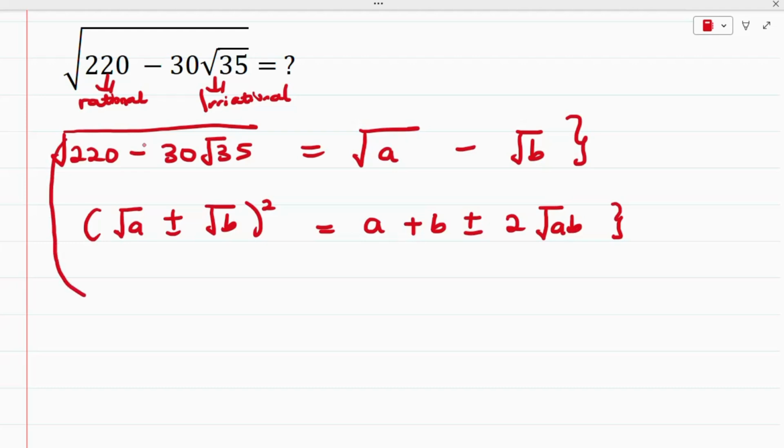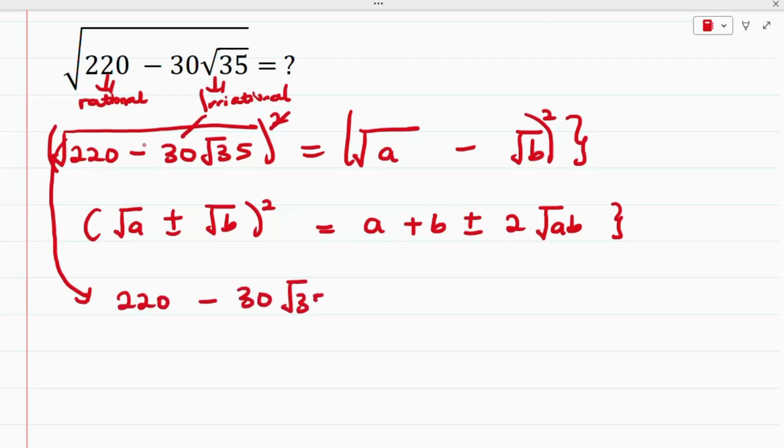So from here, all we have to do is to simply square both sides. Alright, so squaring both sides, this is going to cancel out the square root. So this becomes 220 minus 30 into the root of 35, and this is equal to the square root of A minus the square root of B, all squared.